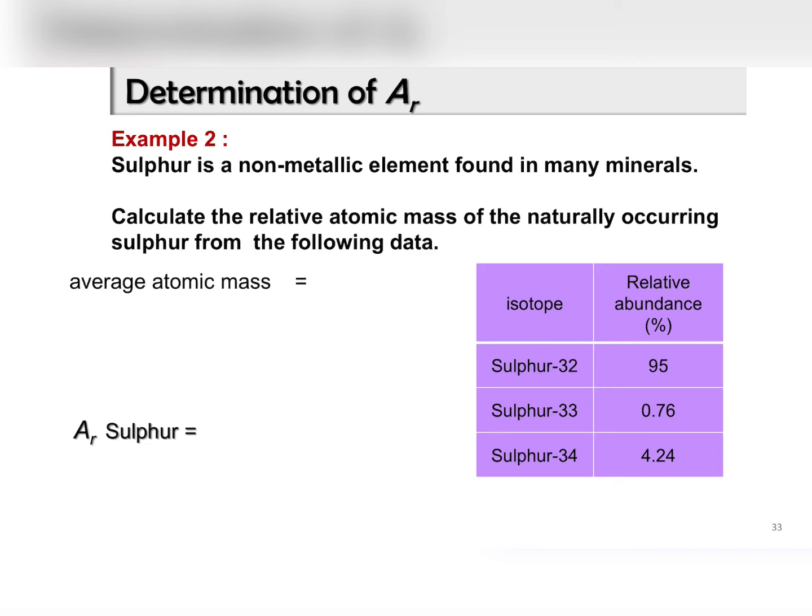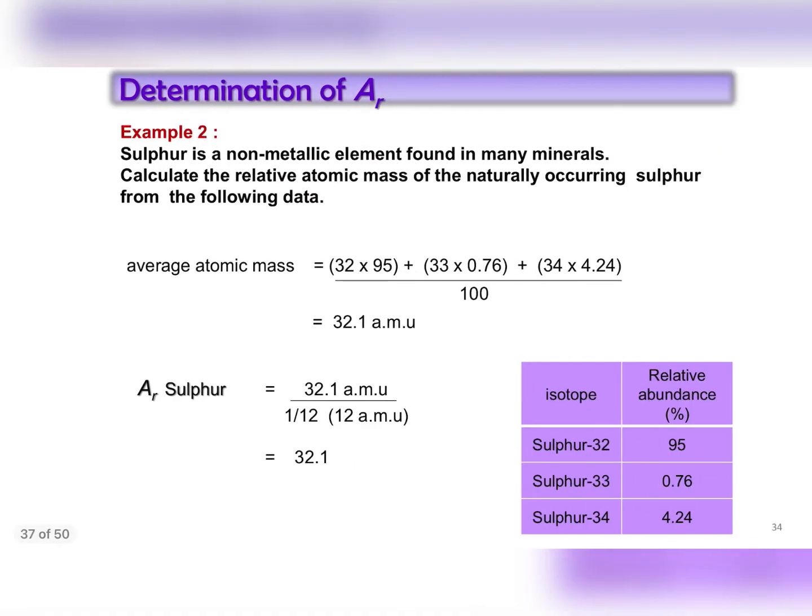Right, so for the average atomic mass, the first step, you put in the values and get this value. Since it is percentage, it is easy, the total is 100%. And your average atomic mass is 32.1 AMU, atomic mass unit.